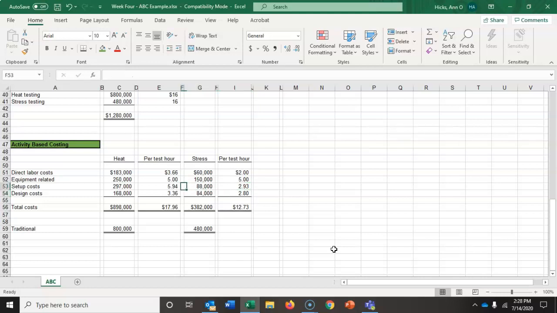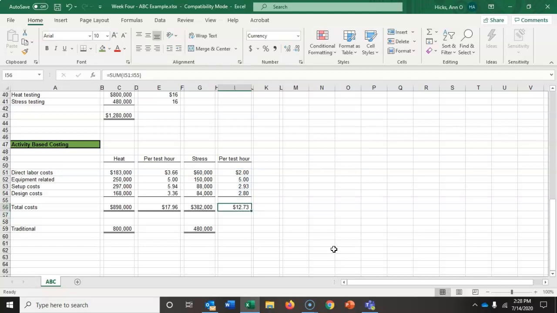And in fact, we have a higher cost per test hour on heat test for every category other than equipment related, which if we add these up, technically this would imply the cost per test hour for the heat test is $17.96, and the cost per test hour for the stress test is only $12.73.